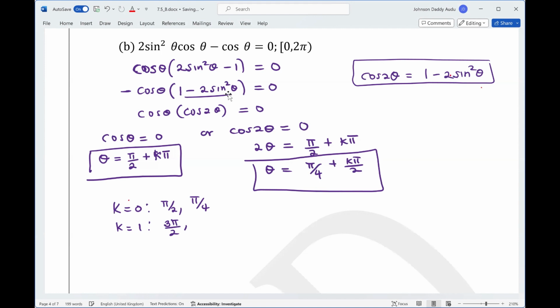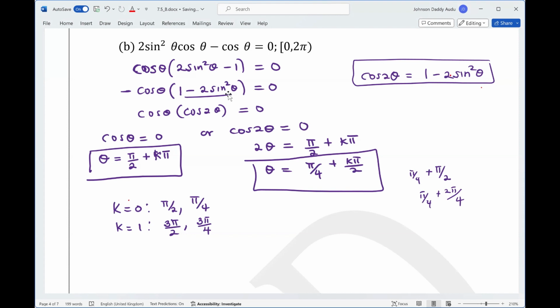Now, if k equals 1 here, we're going to have pi over 4 plus pi over 2, right? And now this is going to be pi over 4 plus, if you multiply this by 2, you have 2 pi over 4 as well. So this is going to be 3 pi over 4. Now, can we take k to be 2?